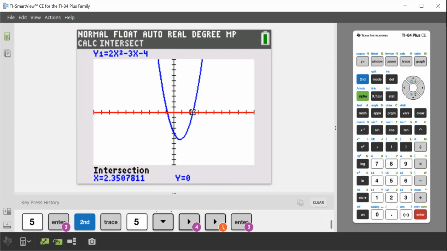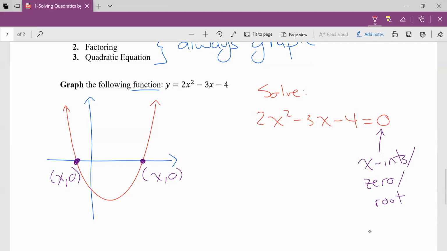Okay, so our answers would be, back to our other screen here. If Zoom wants to cooperate with me, it doesn't right now. Pain in the butt. Okay, so what are our answers? Well, our answers then are x is equal to negative 0.9, and the other one was, what did we say, 2.4.